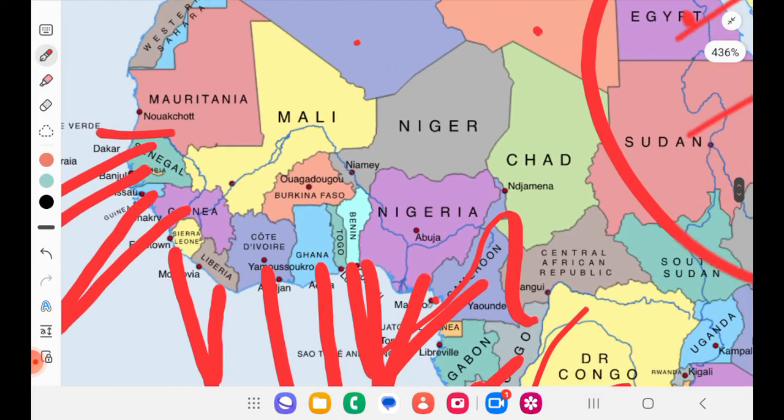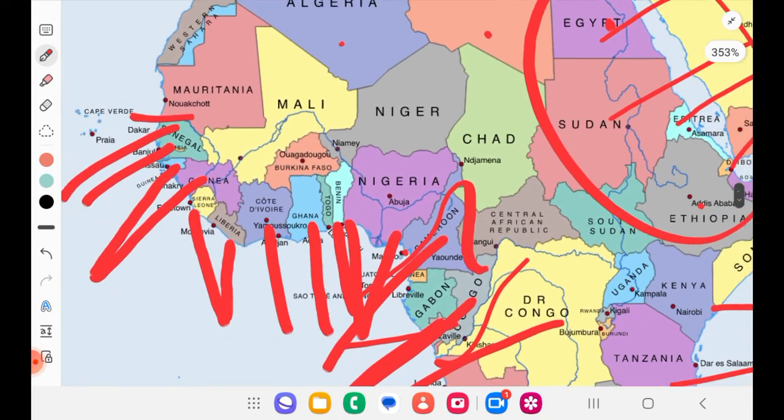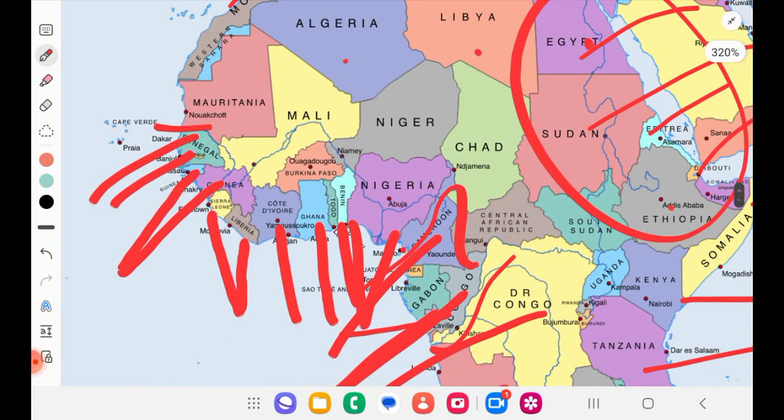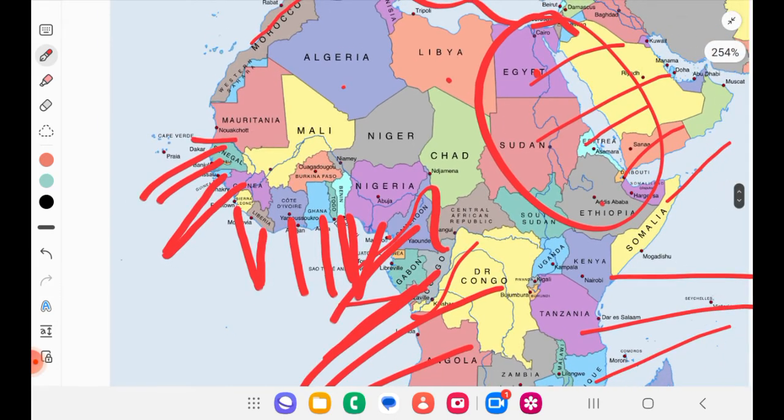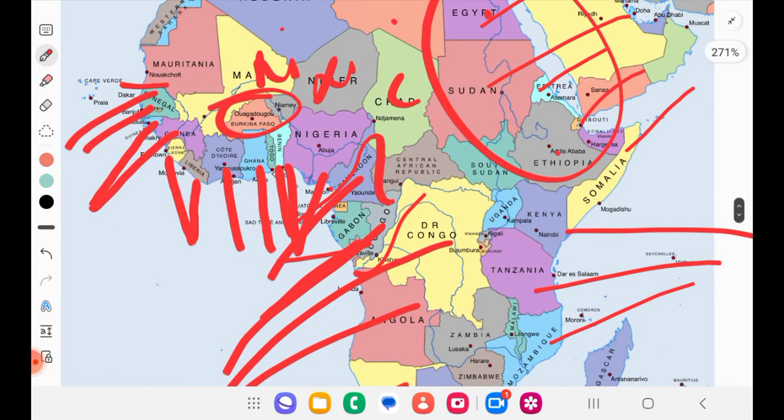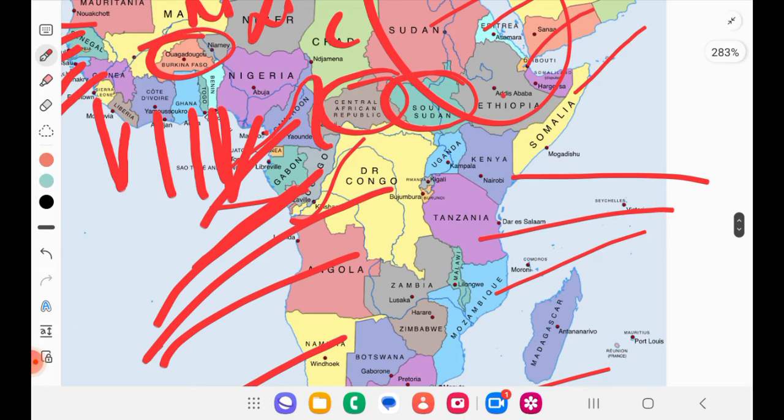Okay. Apart from that, we started with landlocked countries. So for landlocked countries we started with Mali, Niger, Chad, Burkina Faso, Central African Republic, South Sudan, then Uganda.